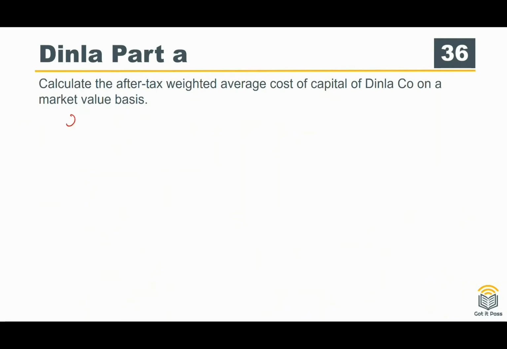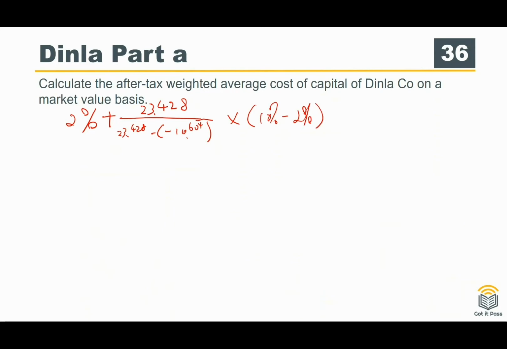Okay, the formula is 2% as the base plus the positive 23.428 divided by 23.428 minus negative 10.604, all right, times 10% minus 2%. Okay, this linear interpolation, I don't think it is very new to you, because we have gone through it a lot of times on this topic.